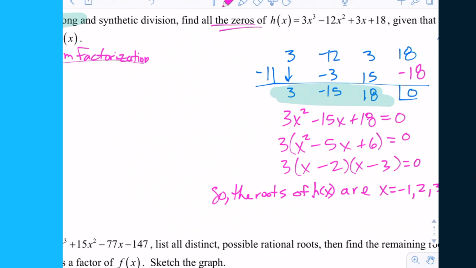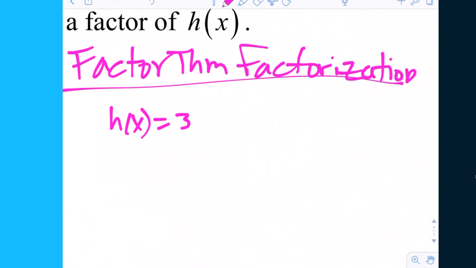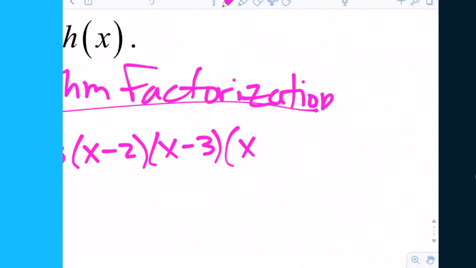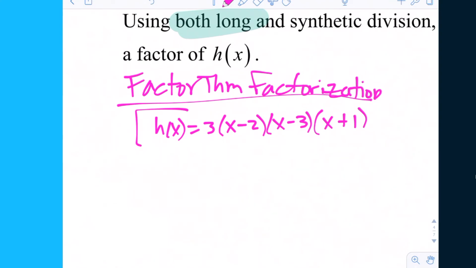We got 3 times something times something. So let's say h of x equals 3 times x minus 2, x minus 3, and then of course the other factor, since we synthetically divided with a -1, the other factor from that is x minus -1 or x plus 1. And that is not only the prime factorization in terms of linear factors, but it's also the factor theorem factorization.